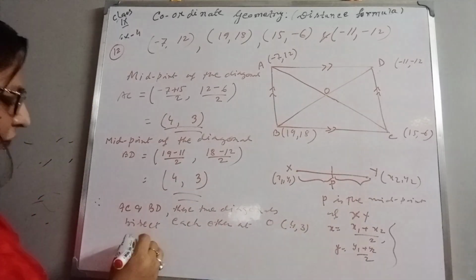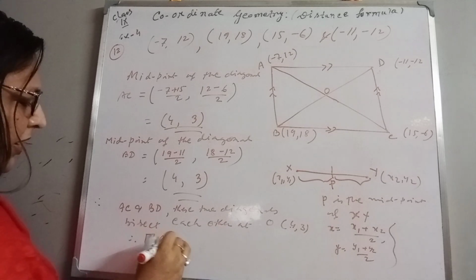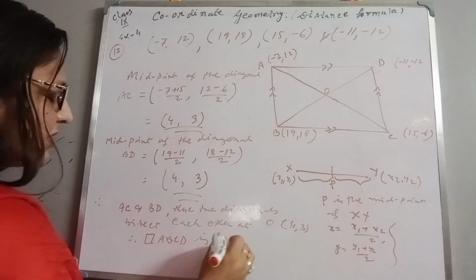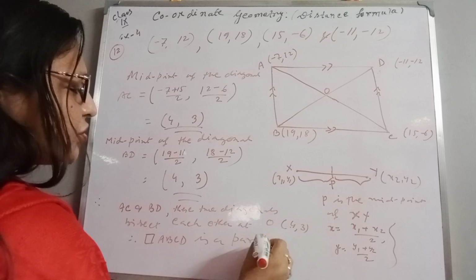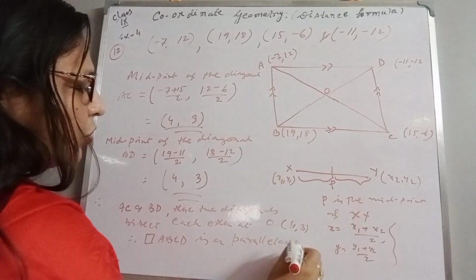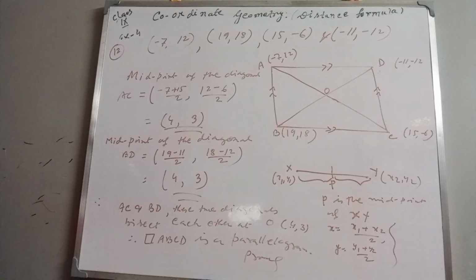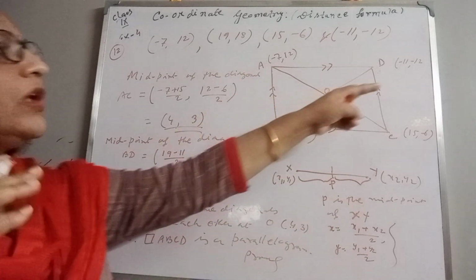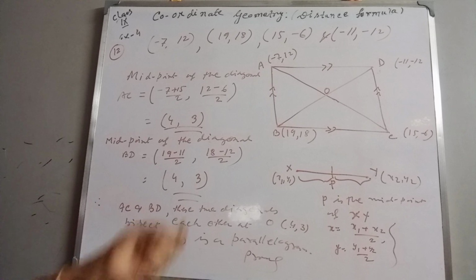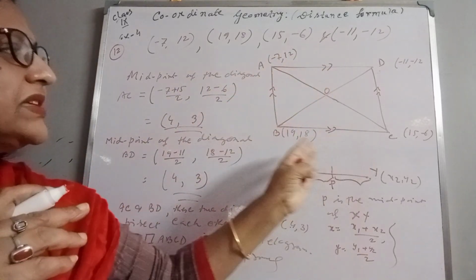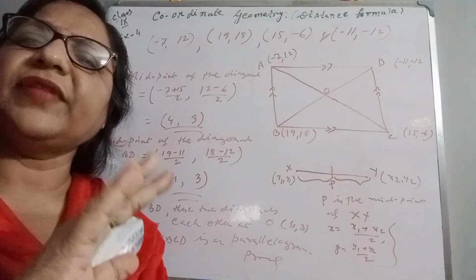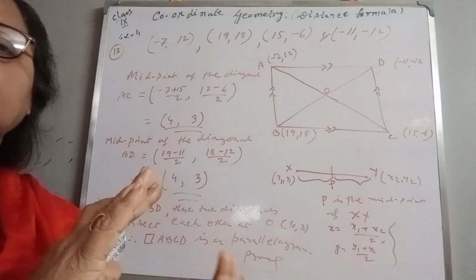Therefore, ABCD is a parallelogram. No need to prove that AB equals DC, AB parallel to DC, and AD equals BC, AD parallel to BC. Don't go for that. Only this is sufficient. Understood?